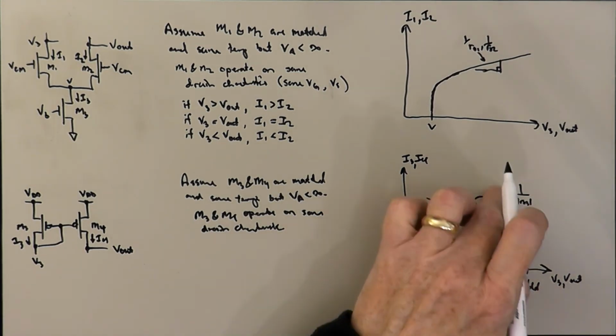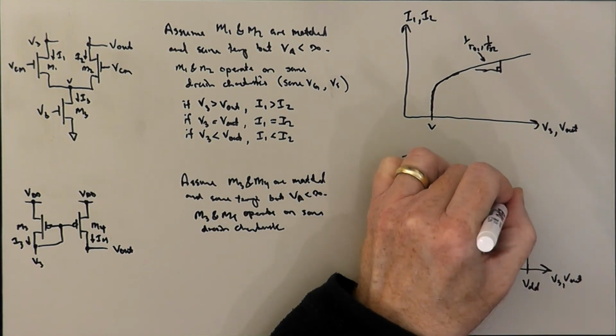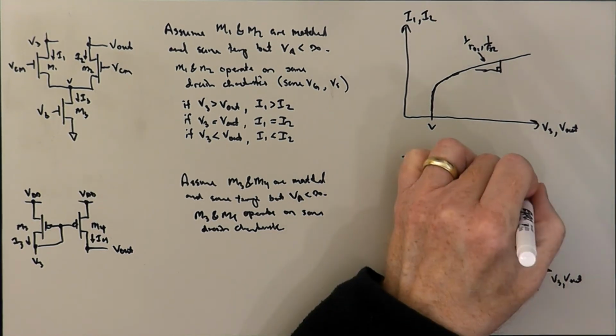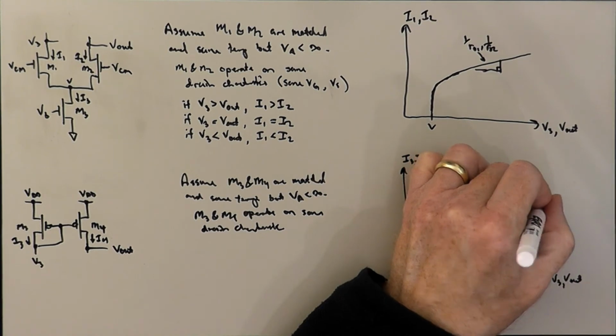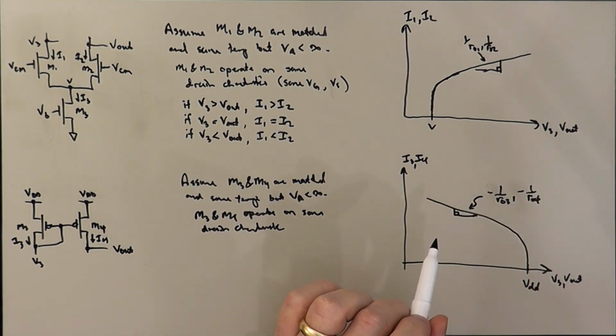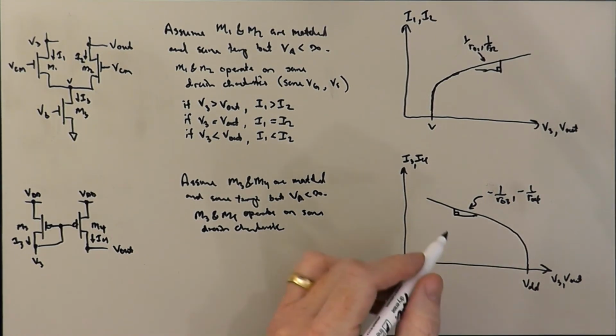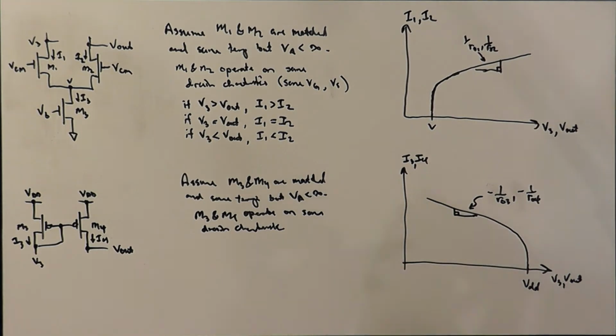Or I guess I should say it's going to be minus 1 over RO. That's probably better. Minus 1 over RO3 or minus 1 over RO4. So RO is typically considered to be a positive parameter, but the way that we're sort of referencing V3 and V out, the slope is negative.